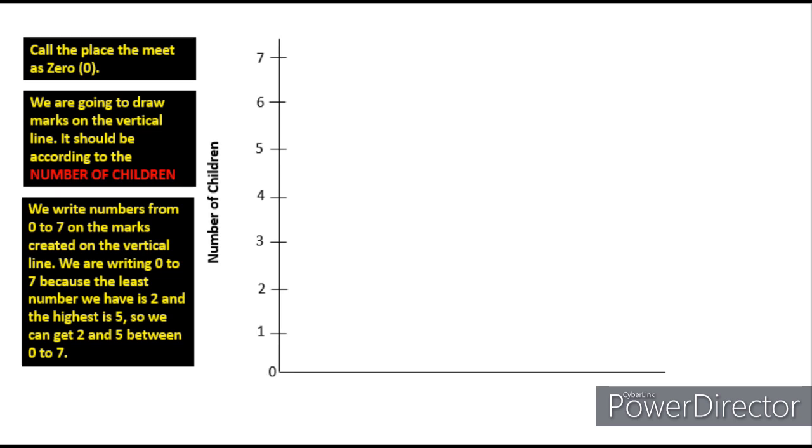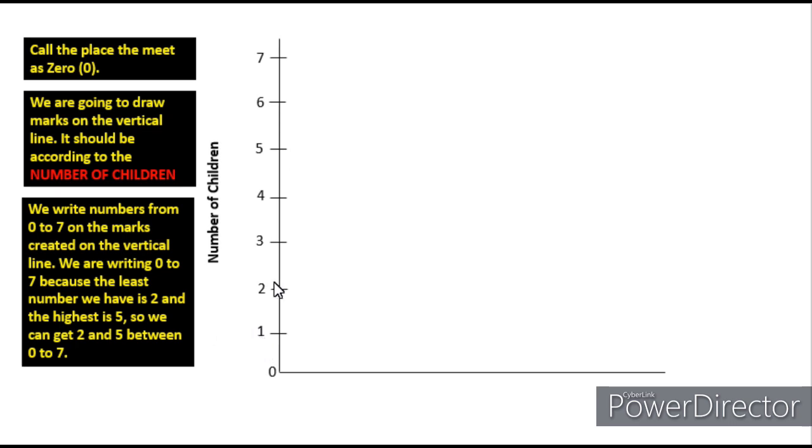Now you can see that you have the number 2 within the range, that is 0 to 7, and then you have the highest mark, which is 5. So the lowest mark on the table is 2, and this is our 2. Then this is the highest, 5. So you can see we have an excess of 2, right? Okay, so that is very good.